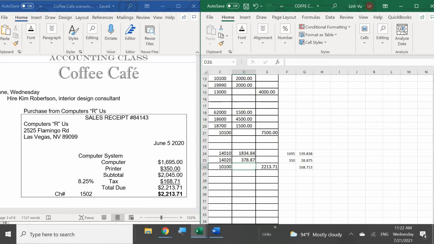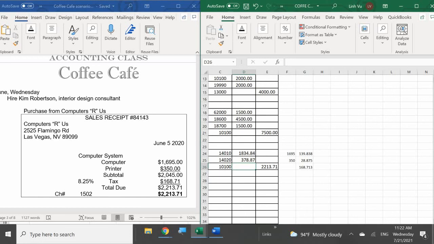However, once again, if you bought the computer and the printer separately, then you already have the tax separated. Okay? In this case, it's combined. So therefore, I have to take the time to distribute my tax.